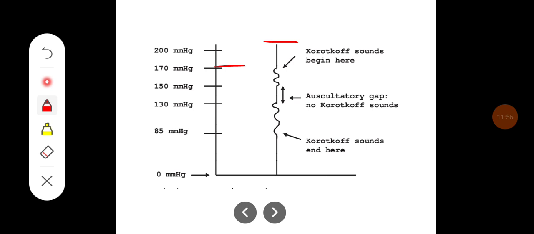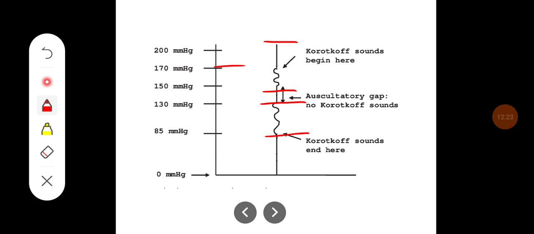And if you record the blood pressure directly with the auscultatory method, when you increase the pressure in the cuff up to 150 mm Hg, you will record a false systolic blood pressure at 130 mm Hg, and the true diastolic blood pressure at 85 mm Hg.